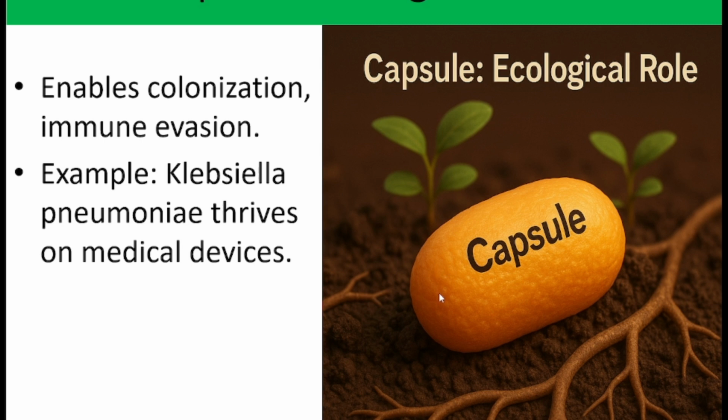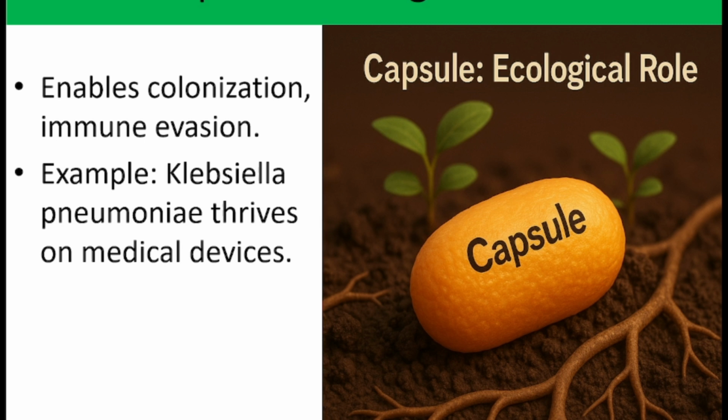As you can see, capsulated organisms can stand for a very long time, and can withstand high temperature and a lot of pressure. An example is Klebsiella pneumoniae, which thrives on medical devices.